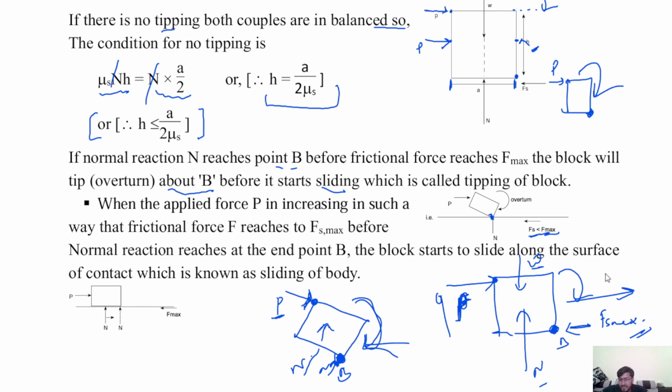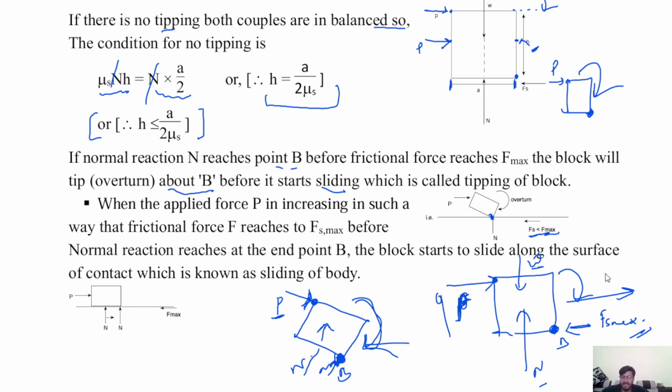When the applied force P is increasing in such a way that the frictional force F reaches Fs max before the normal reaction reaches the end point B, the block starts to slide along the surface of contact, which is known as sliding of a body. There is no sudden force.